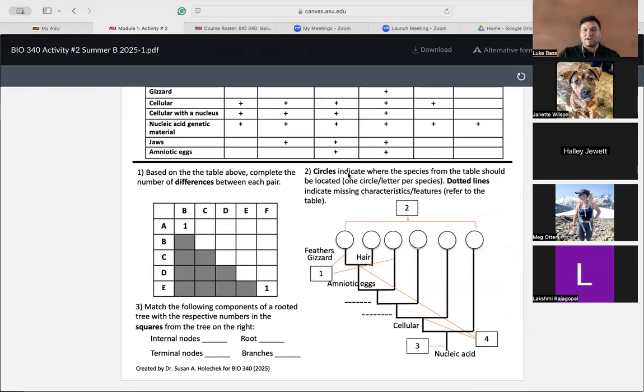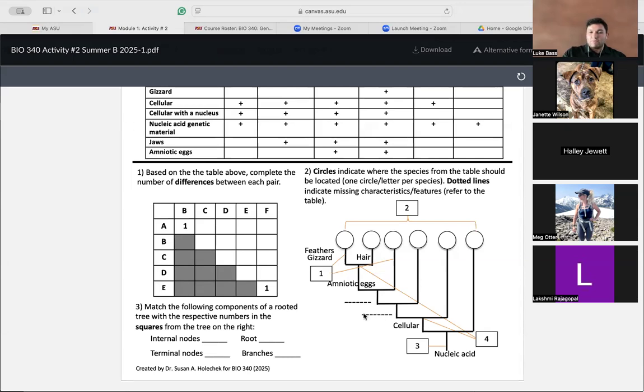Now here, in question two, circles indicate where the species from the table should be located. So each of these circles should have the letter of the species. So you'll have A through F somewhere up here. And then dotted lines indicate missing characteristics or features. A lot of students forget this part, but you want to make sure that you put characteristics here on this dotted line.